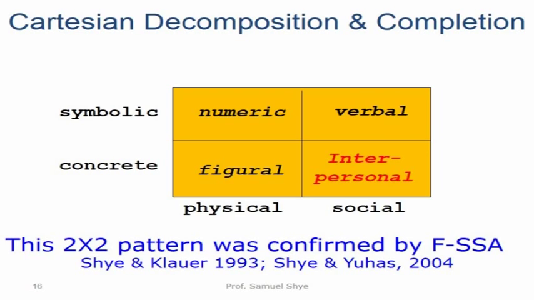I propose that the missing subdomain is interpersonal material. And so we have a complete 2x2 scheme for providing a rationale for different kinds of materials in intelligence research. The 2x2 pattern of the new material facet, with the 4 elements in it, was empirically confirmed by faceted SSA.